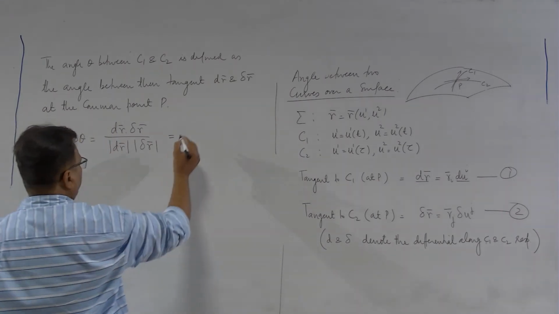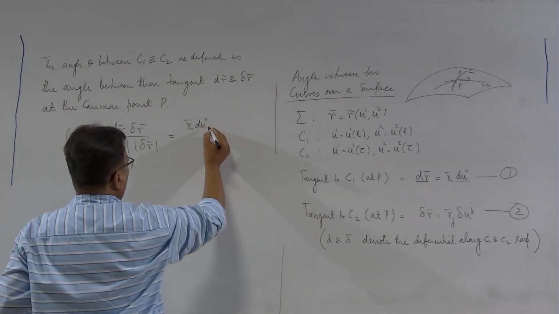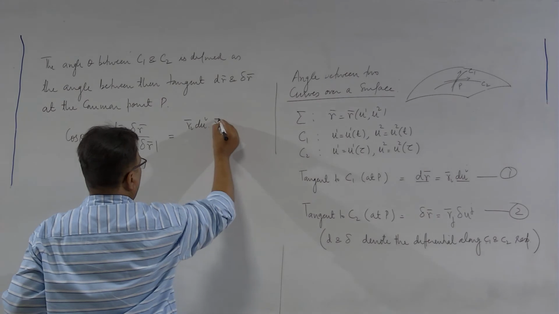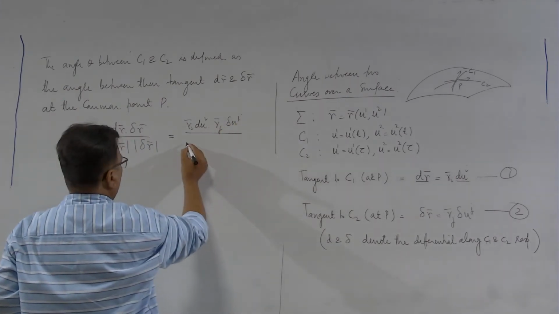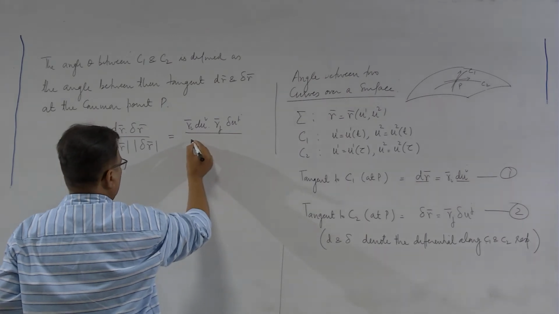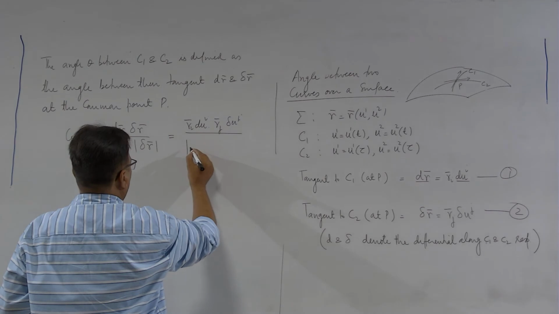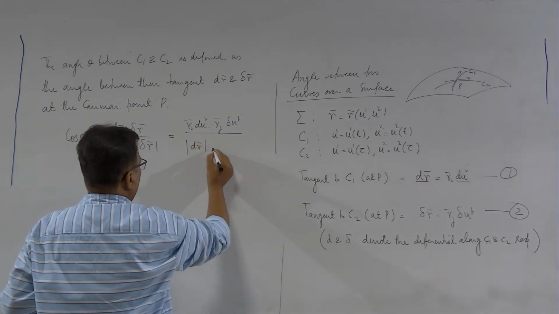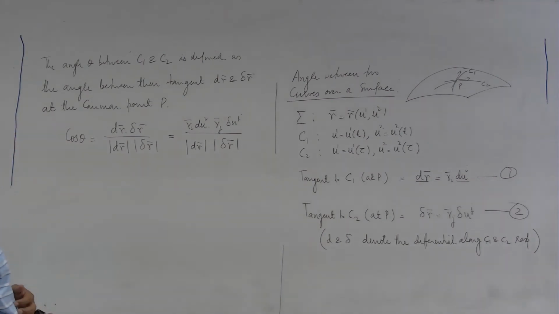So, r_i du^i dot r_j delta u^j upon modulus of dr, and this is modulus of delta r. We will compute it.